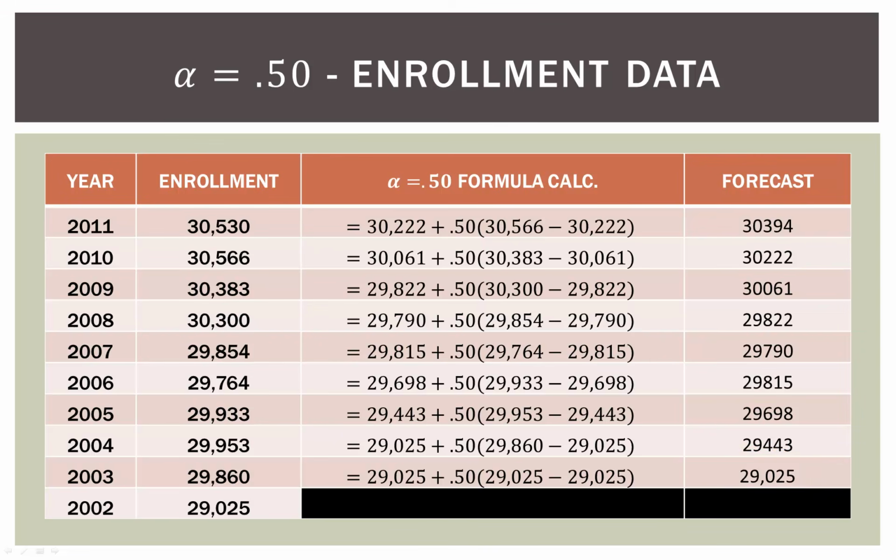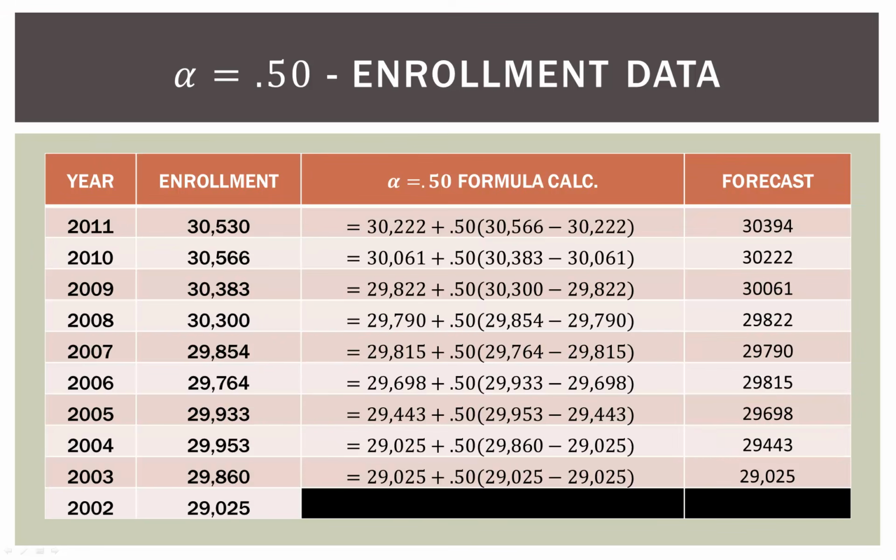We multiply that by 0.5, and then we add it to last year's forecast, which was 29025. And that gives us a forecasted enrollment for 2004 of 29,443.